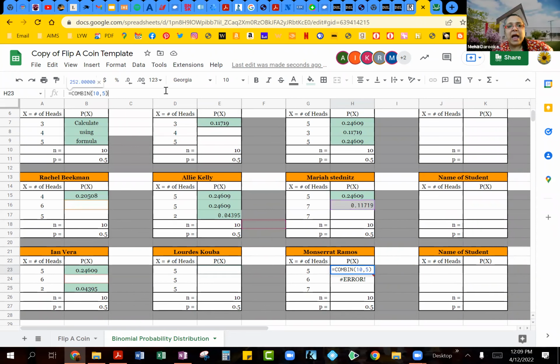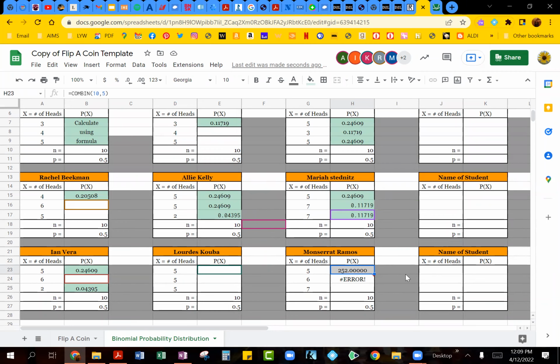Now, after you got the 10 comma 5 done, go outside the parentheses and type in the multiplication symbol. From your keyboard, you can type that in. That's the little star, the asterisk on top of the number 8. I think it's that one, or no?